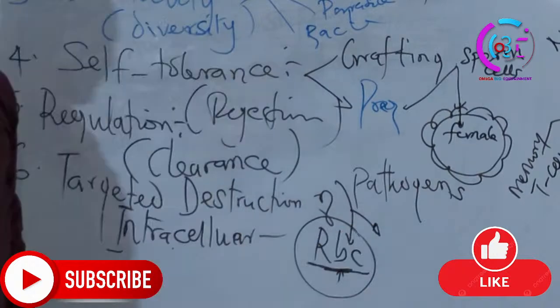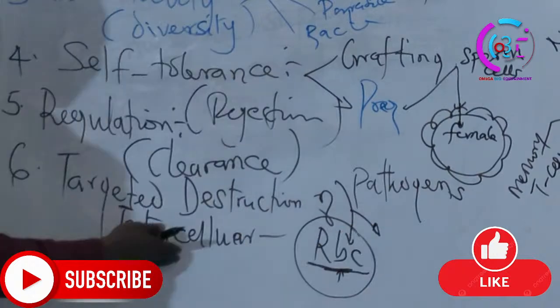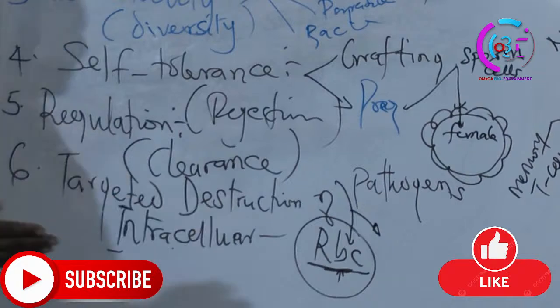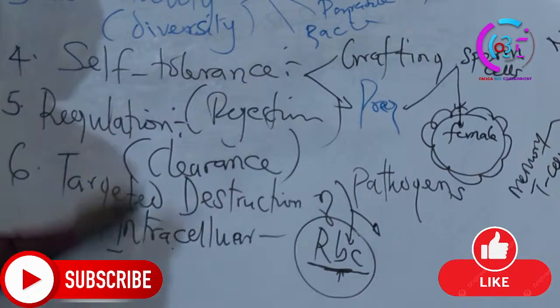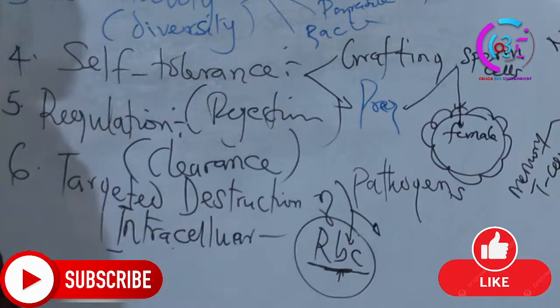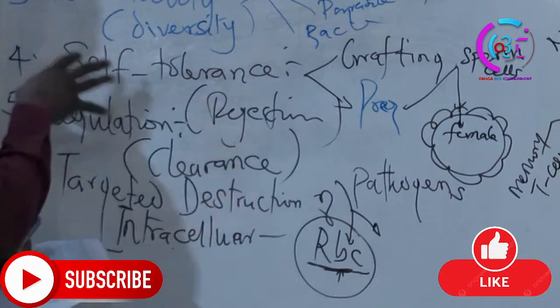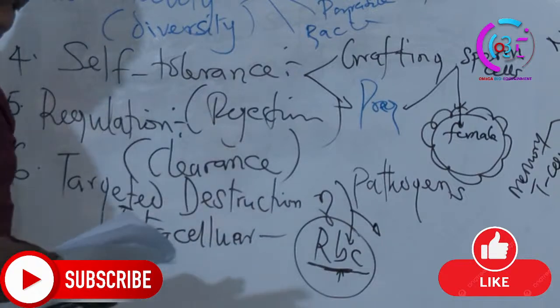It's not going to be effective. So the same thing: different pathogens have different targets for them to be eliminated in the host. And this is a very, very important key to what is known as the adaptive immune response.